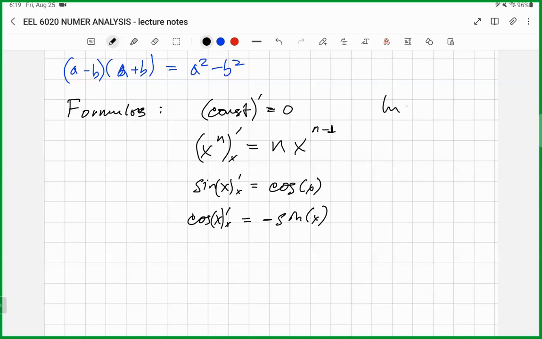Another formula is for the logarithm with base e, which is equal to 1 over x.